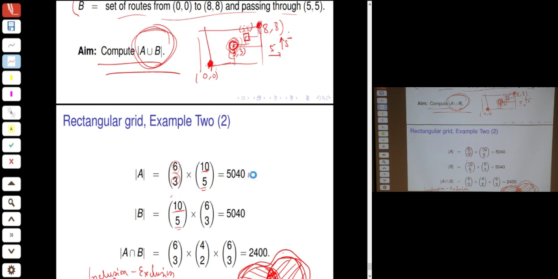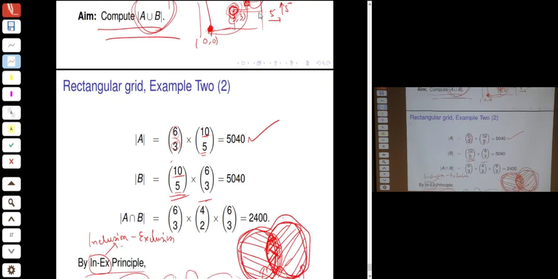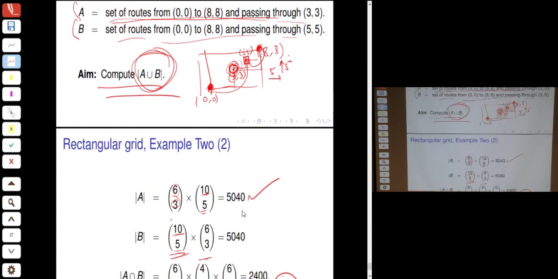Okay? Similarly, for paths from (0,0) to (8,8) passing through (5,5), you have 10 choose 5 for going from 0 to 5, and 6 choose 3 for going from 5 to 8. And finally, the only remaining one is A intersection B, which satisfies both conditions of A and B. So your path should start from 0, go to 3, then go to 5, and then reach 8.